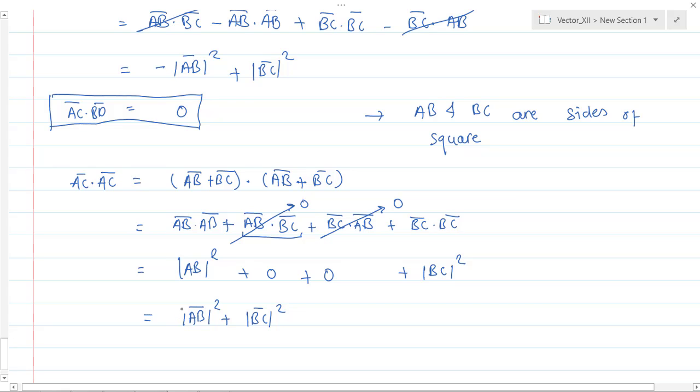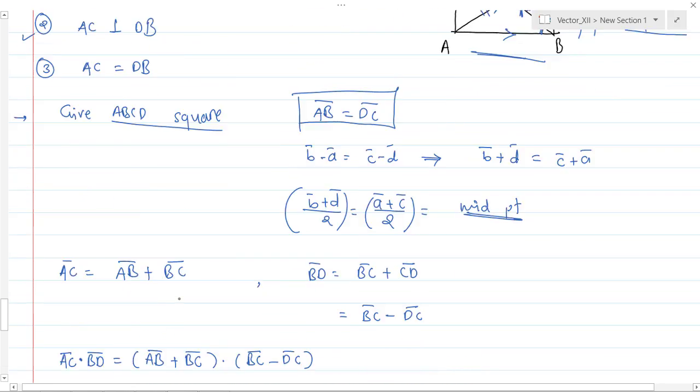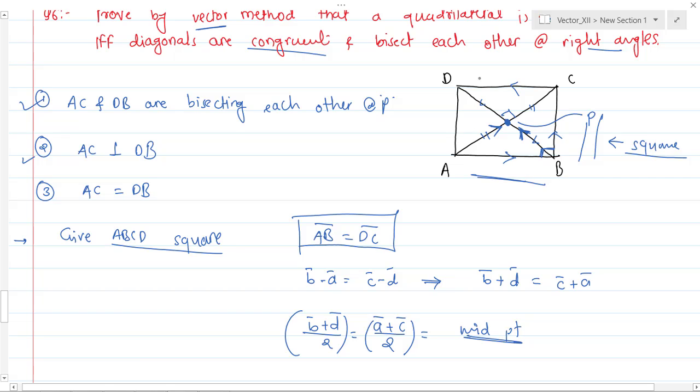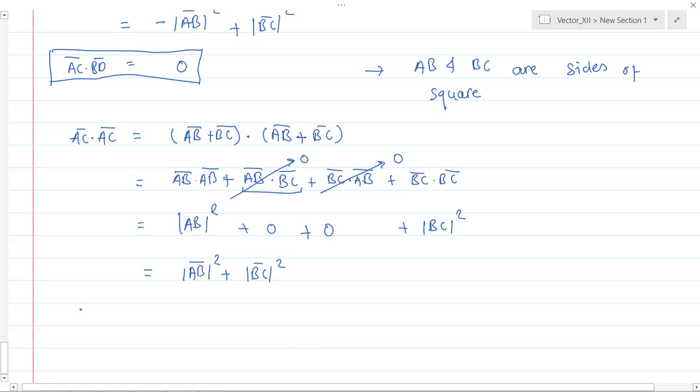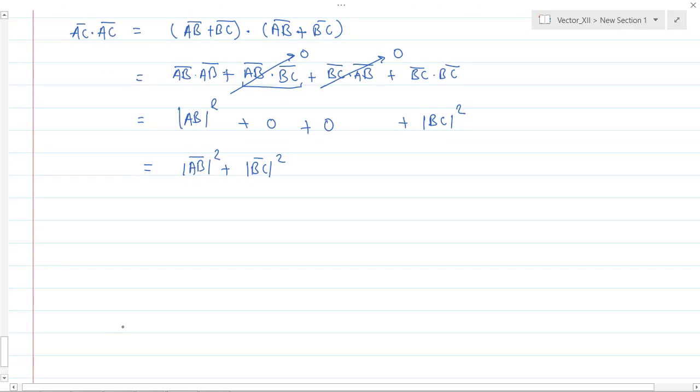Okay, very good. Now similarly you can prove this for BD. BD is BC plus CD. Let's take the same example. So BD bar dot BD bar is equal to the dot product of BC bar plus CD bar with BC bar plus CD bar.